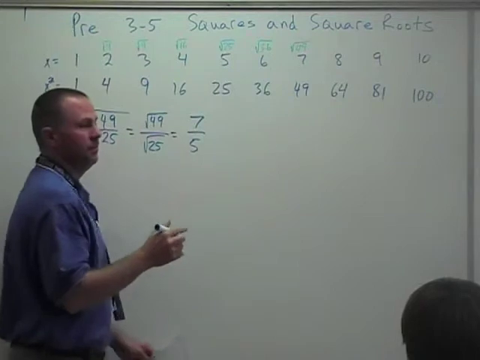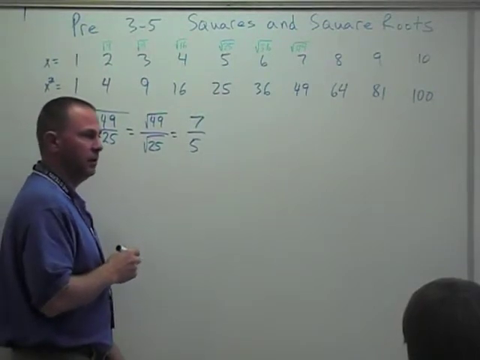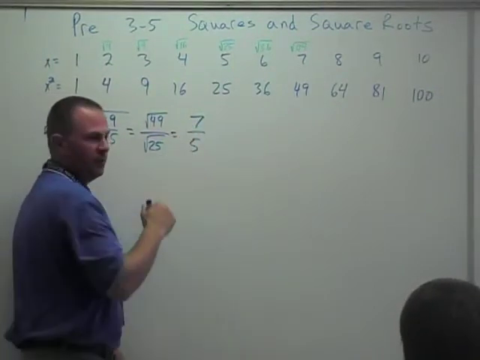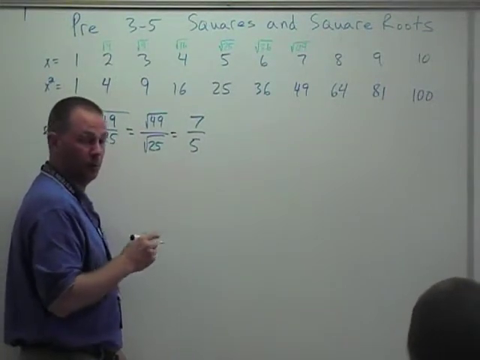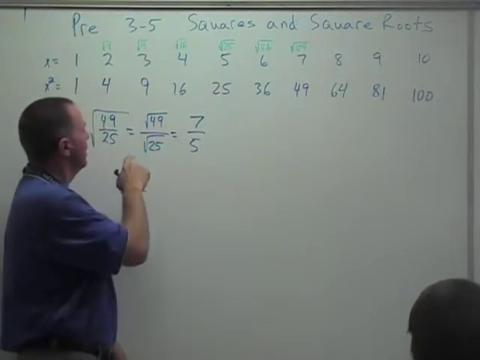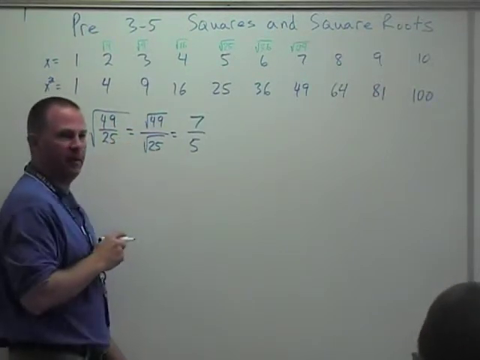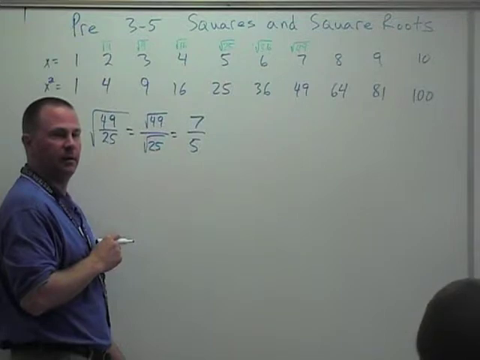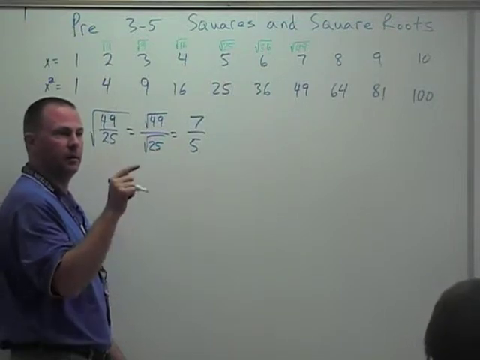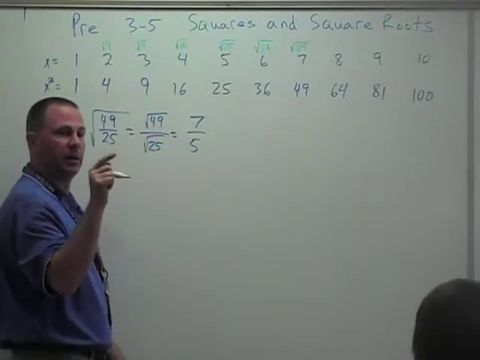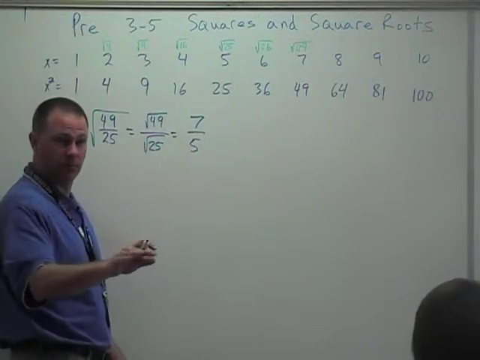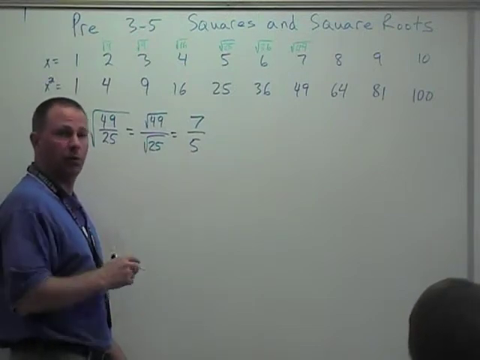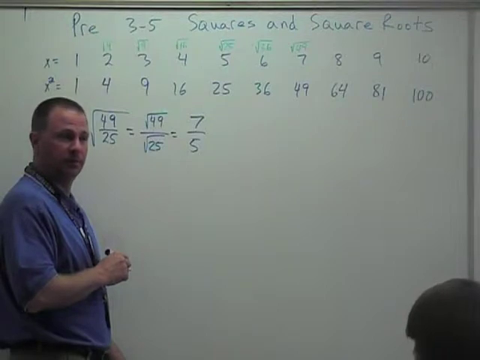Now, on your calculator, what is 7 divided by 5? 1.4, right? Okay, now, what's 49 divided by 25? 1.96. Okay, now take the square root of that number, of 1.96. So what's the square root of 1.96?